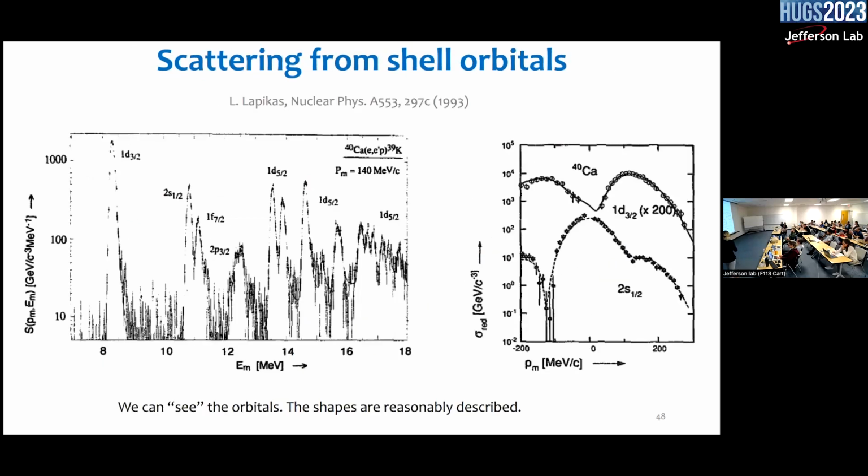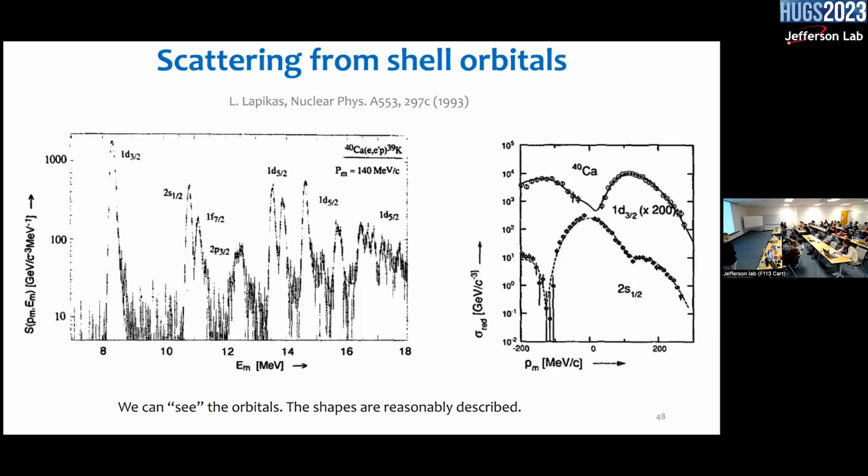I know that this picture is really hard to see, but this was a NIKHEF experiment from a long time ago, 1993. The different orbitals are shown by these different points. This is for calcium 40, and it's at fixed missing momentum, which is what's shown on this side. And then the missing energy is the separation energy between the orbitals.